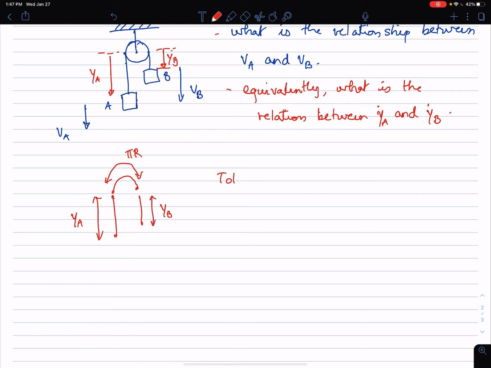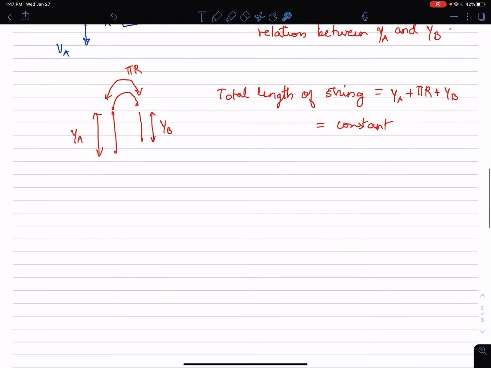So the total length of string is YA plus pi r, which is half the circumference of the pulley, plus YB. That's equal to some constant, because we usually assume that the string is inextensible, which gives YA plus pi r plus YB equals constant.